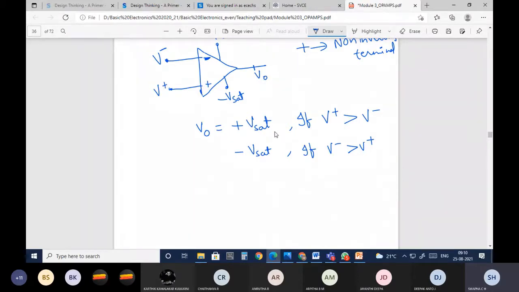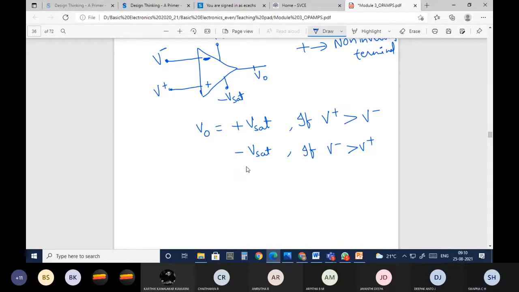And I'll get minus Vsat if V minus, the voltage applied to the inverting terminal, is greater than the non-inverting terminal voltage. Hope this is clear to you.